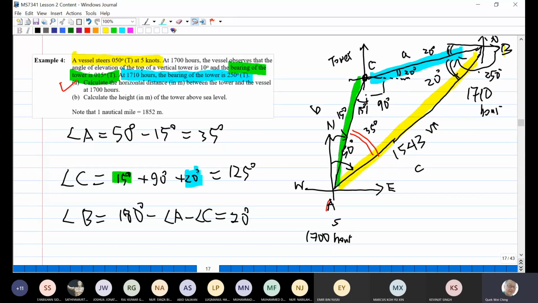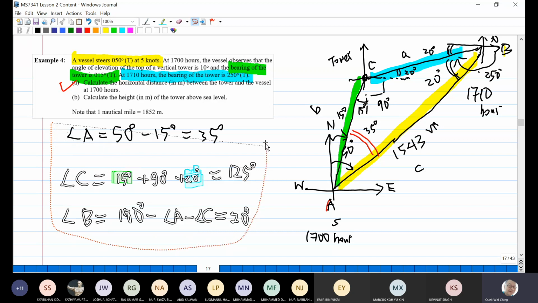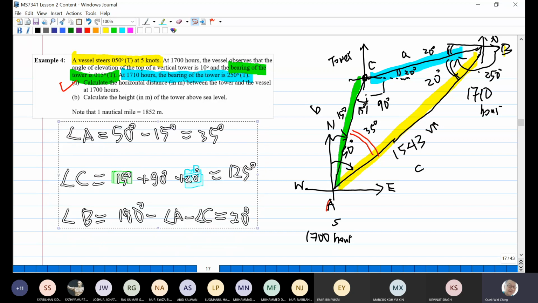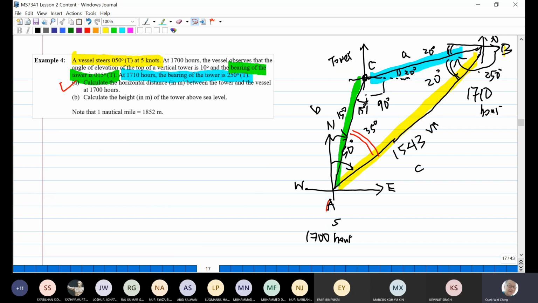Okay, so I can answer all the questions now. And this is for this part. First part, calculate the horizontal distance between the tower and the vessel at 5 o'clock. So I want to find B now, okay? So B is the distance AC.